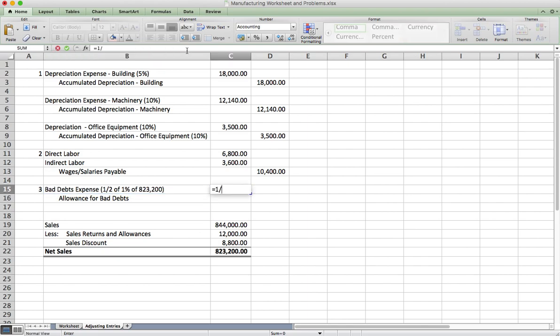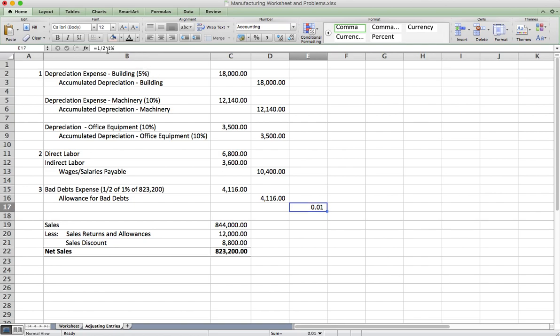So, 1/2 times 1% times 823,200. Sa calculator nyo, magkano ba ang 1/2 ng 1%? That is 0.005. Kasi ang 1%, I'm sorry, 0.01. Okay? Kasi ano bang 1/2? 1/2 times 1%.